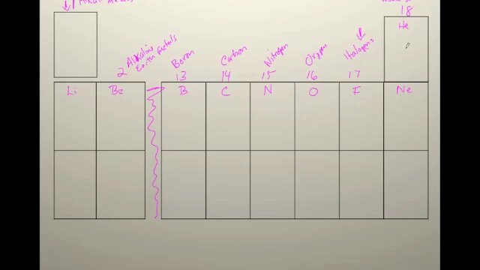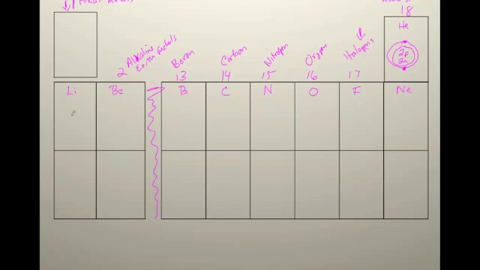The Bohr structure for helium is pretty simple. It has 2 protons, 2 neutrons, surrounded by an electron shell with 2 electrons in it. Very stable. Doesn't want to fill that shell out. The shell is already full, so it can't even add any more, and it doesn't want to lose any.